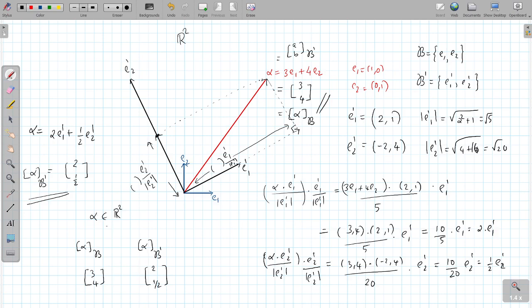Now if we are given an alpha belonging to R2, and different bases B and B prime, then you can connect these two with a matrix. You can easily find a matrix P such that P times this is equal to this one. Okay, this is the idea here.